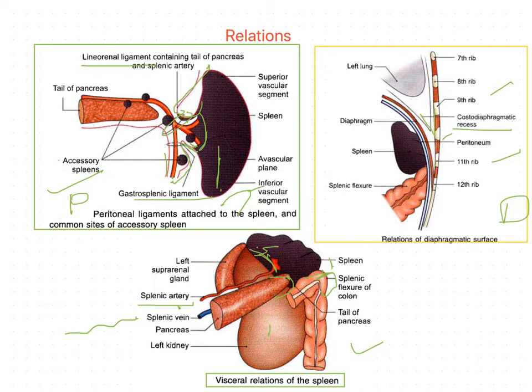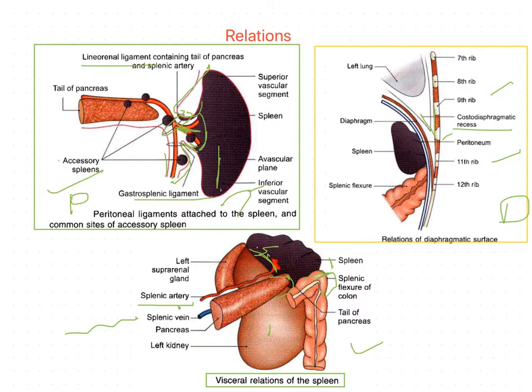The splenic artery passes in the lienorenal ligament to reach the hilum of the spleen, where it divides into five or more branches. These branches enter the spleen to supply it. This is about the arterial supply.